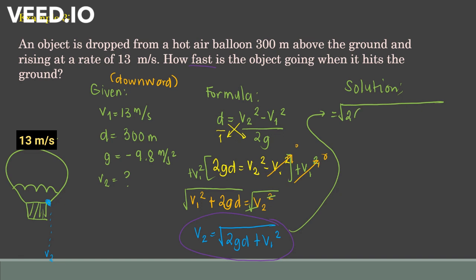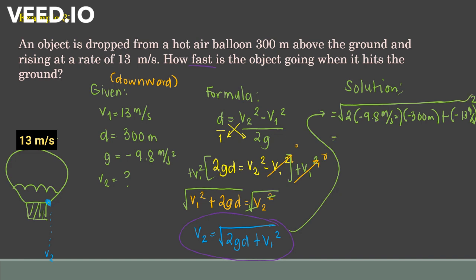We have 2 multiplied by negative 9.8 meters per second squared, and our distance is negative 300 meters. Negative 300 because it's downward, considered to be displacement. And then plus our velocity, negative 13 meters per second, and then we will be squaring that.